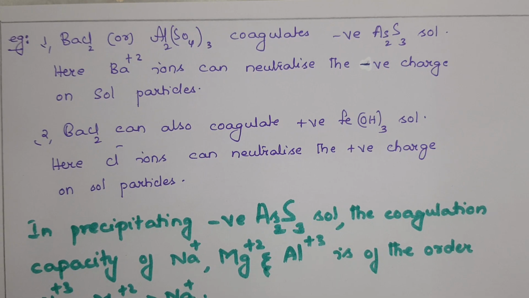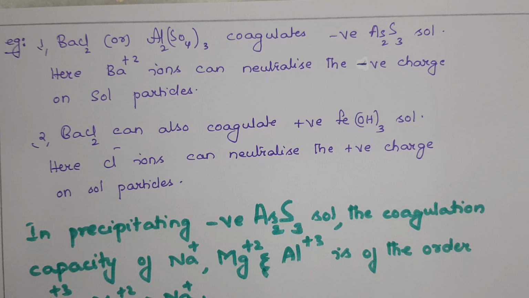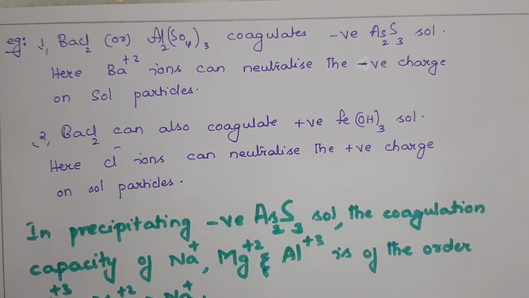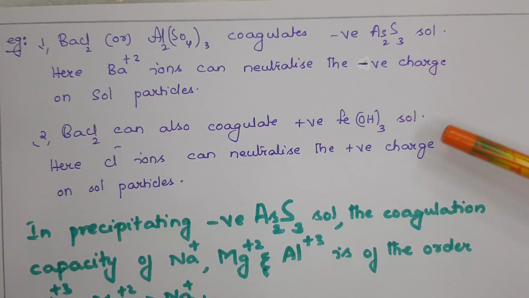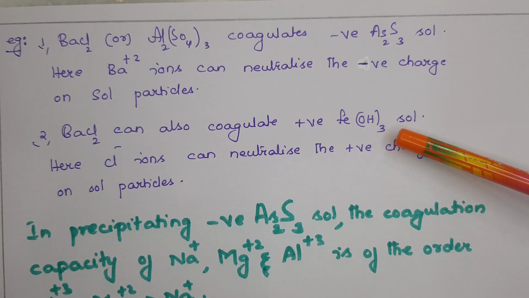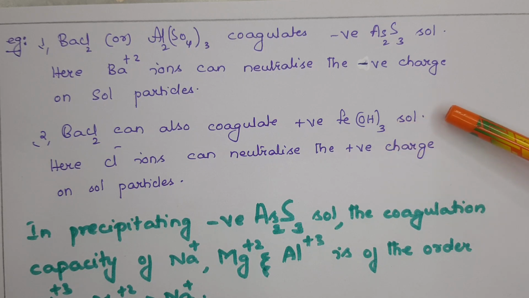Next, example 2. BaCl2 can also coagulate positive Fe(OH)3 sol. Here you have seen BaCl2 coagulating negative As2S3 sol, where Ba2+ ions neutralize the negative charge. And BaCl2 also coagulates positive Fe(OH)3 sol. Then what are those ions which can neutralize the positive charge on sol particles?